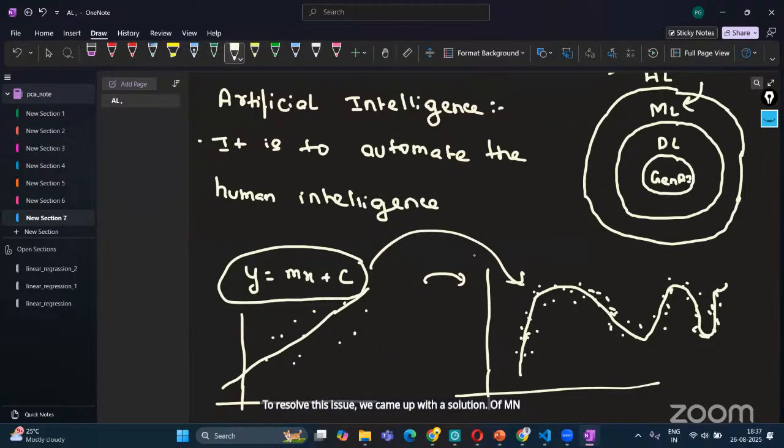Here, according to the pattern present in the data, the model will understand it and predict it. So there is no hard and fast rule of using any particular equation, and we don't have to explicitly program it.